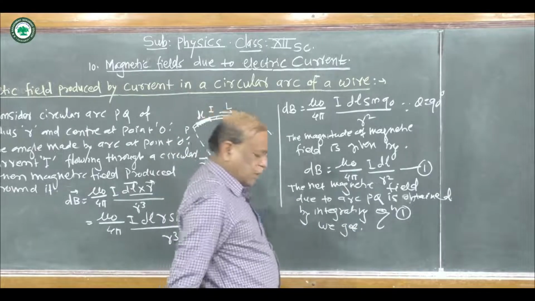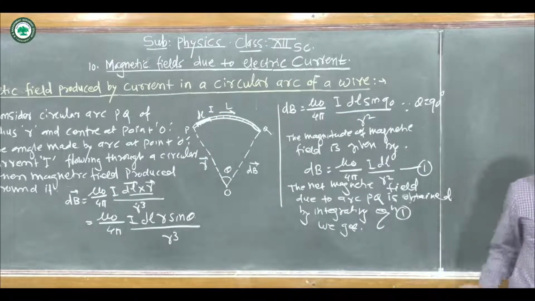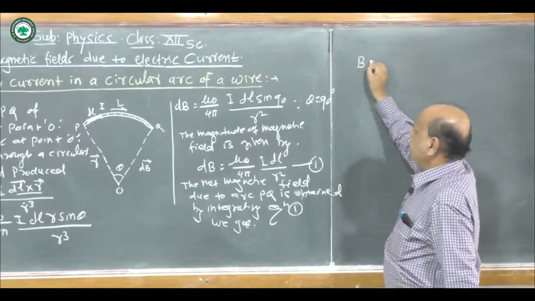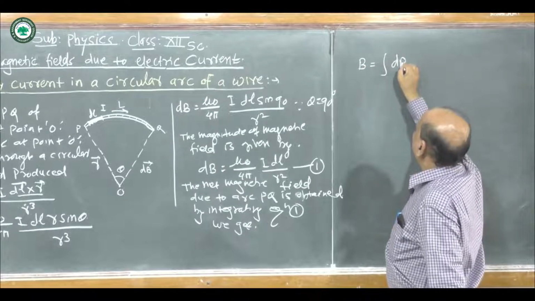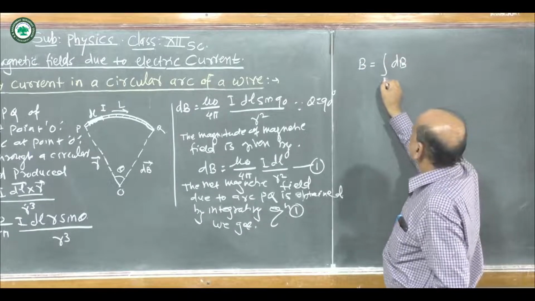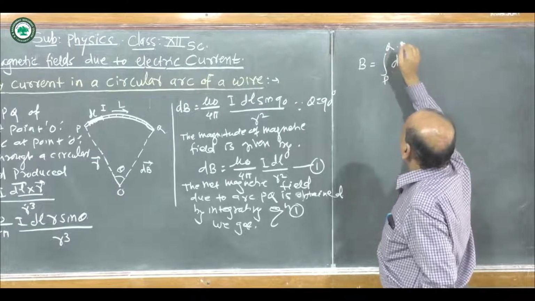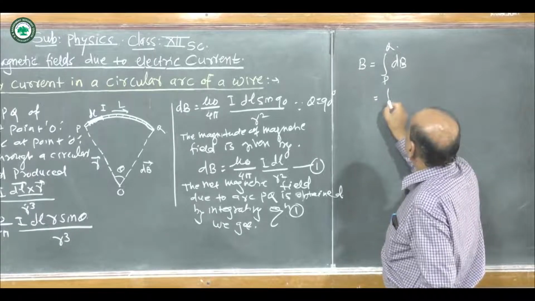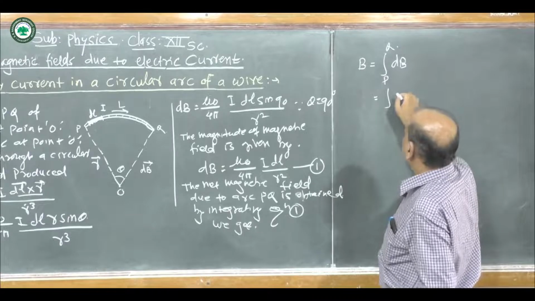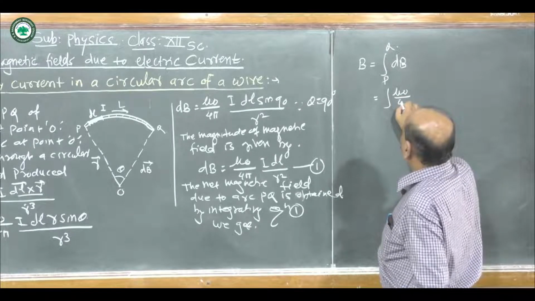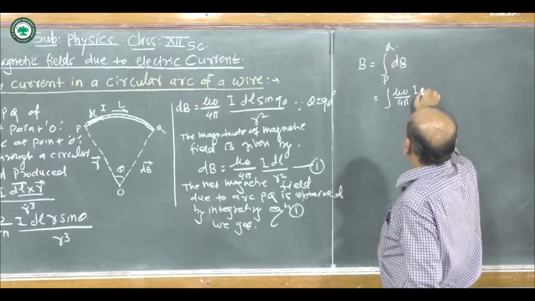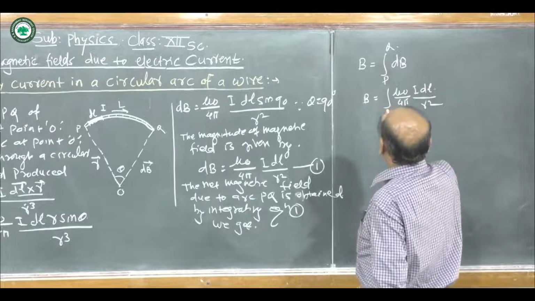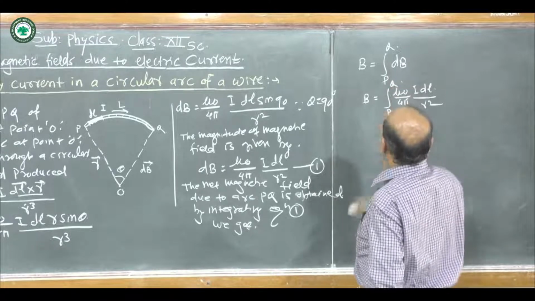We get the net magnetic field B equal to the integration of dB from P to Q, which is equal to the integration of mu 0 upon 4 pi, I dl divided by r square, with limits from P to Q.